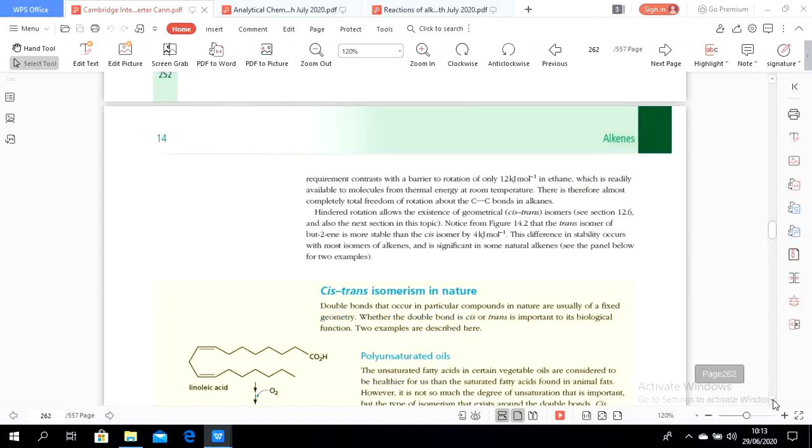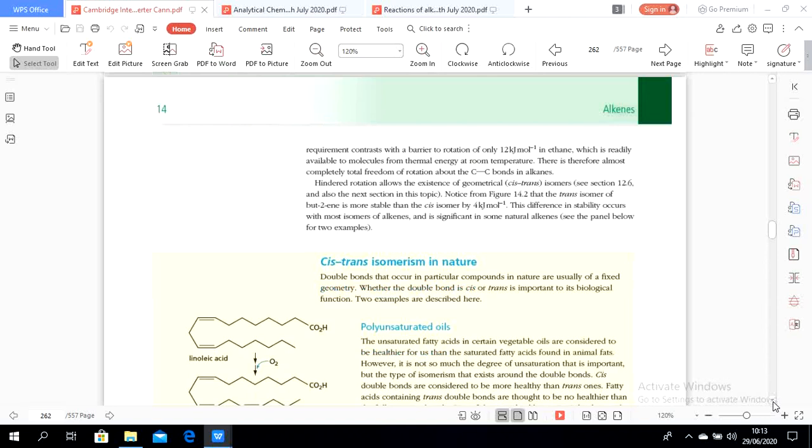Okay, next, in alkene we studied there is cis-trans isomerism. Like what we studied in Introduction to Organic Chemistry, there is isomerism: structural position isomerism and also functional group isomerism.